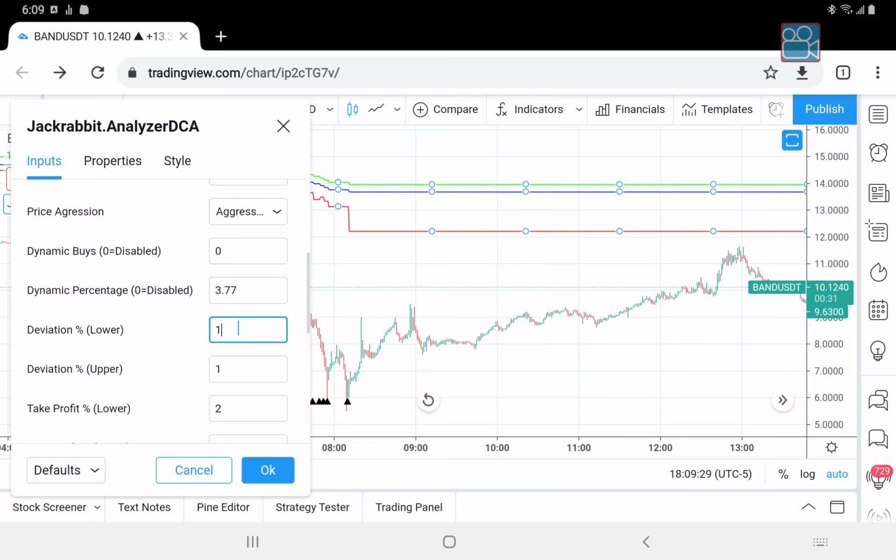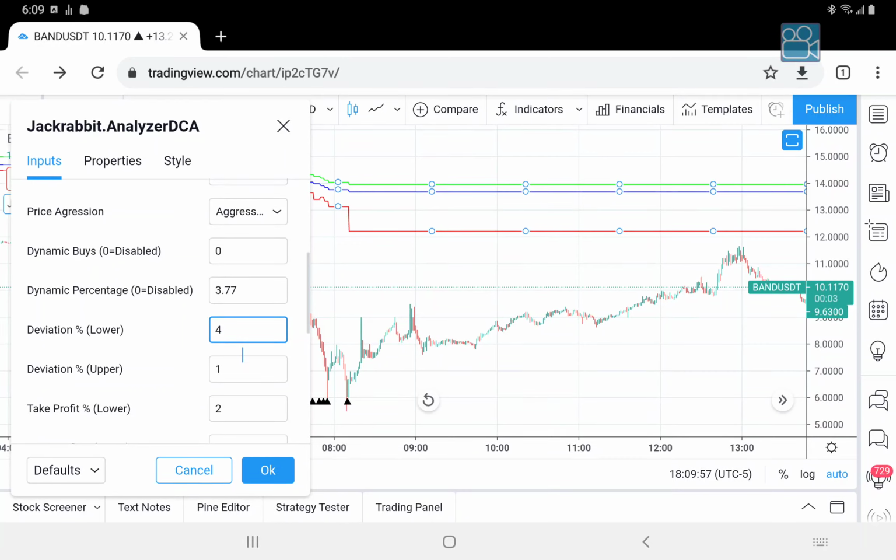Now, I want my minimum profit to be 1%, but I want it to start out at 2%. Actually, I think I'm going to go crazy with this one. 4%.